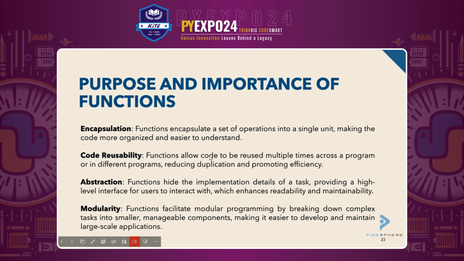Okay, the next is the purpose and importance of function. Encapsulation. The first one is functions encapsulate a set of operations into a single unit, bundling related tasks together. All the tasks that are related to one particular operation will be combined in a function.